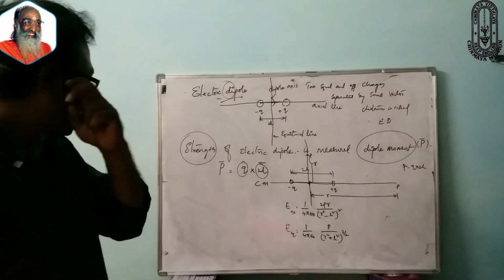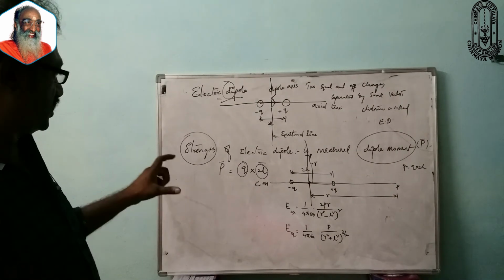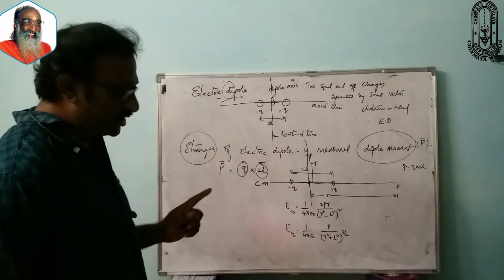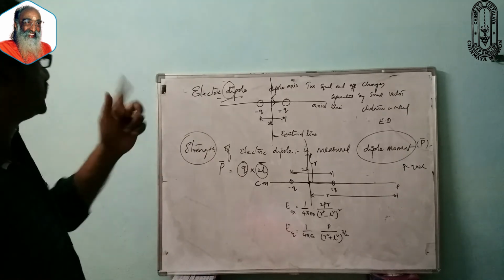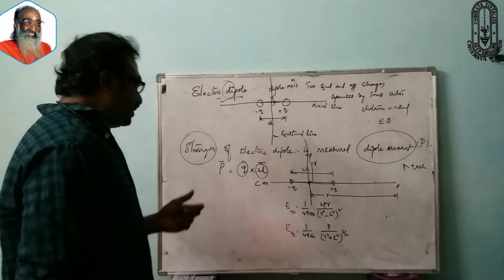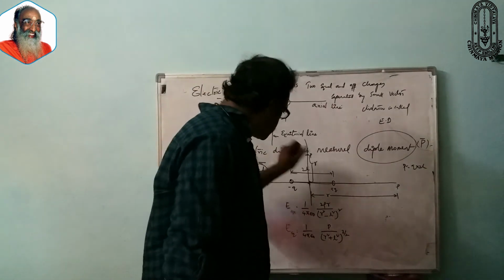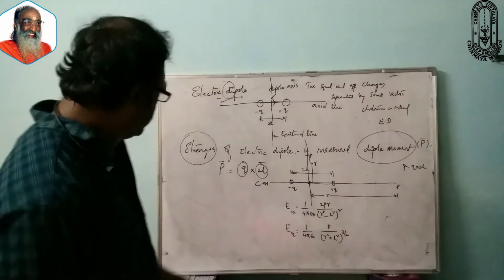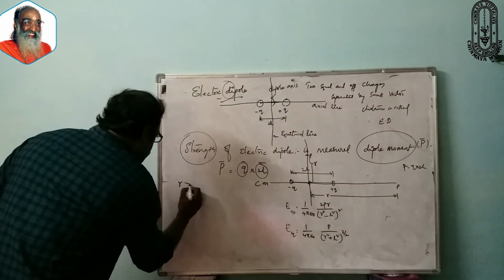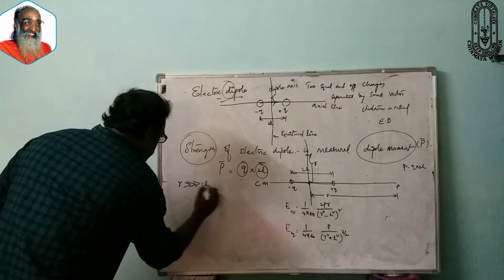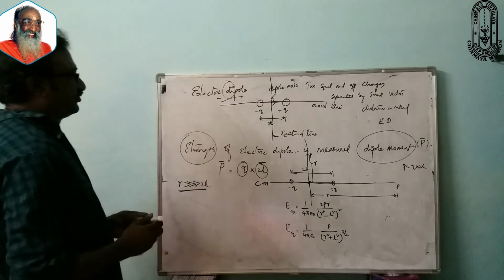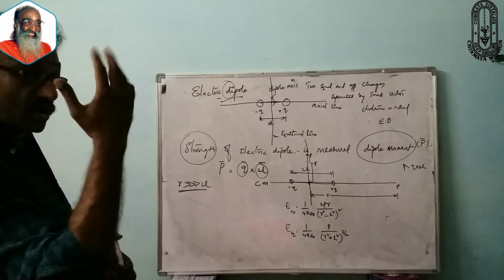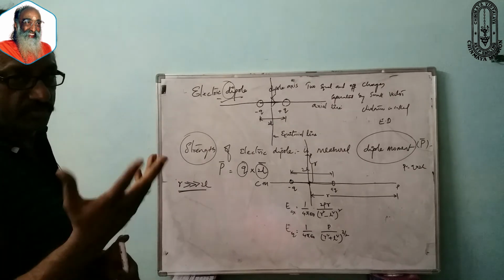So in this, the intensity of electric field on the axial line and the intensity of electric field on the equatorial line, there is a special case. That is, if the distance R is very much bigger than 2L. That means R is very much greater than 2L. Very much greater than 2L means, if this 2L is 2 centimeter and that R is 200 centimeter, then we can consider R as very much bigger than 2L.